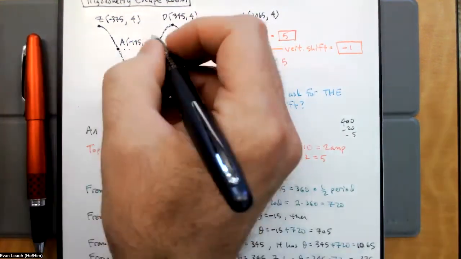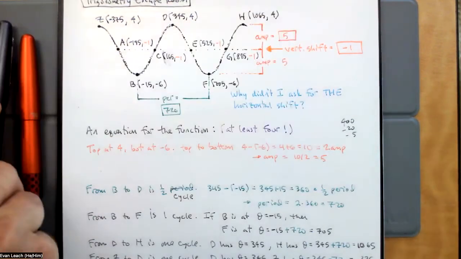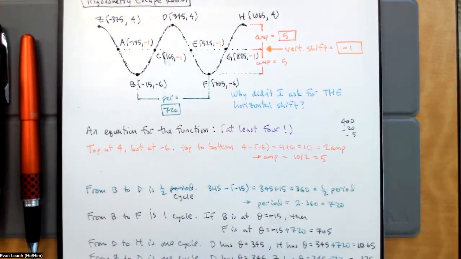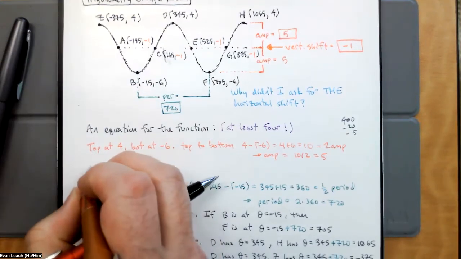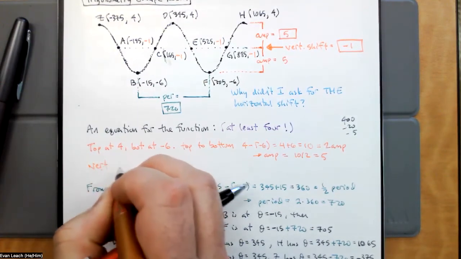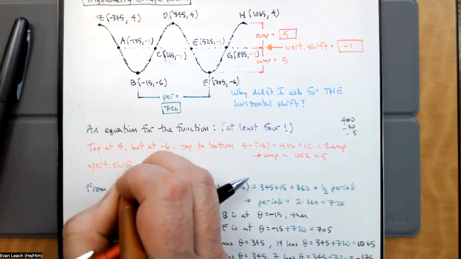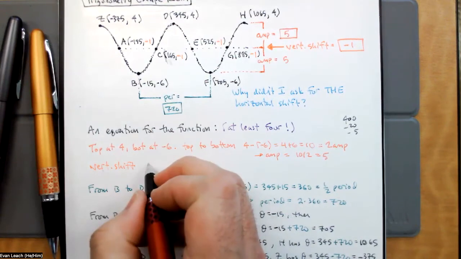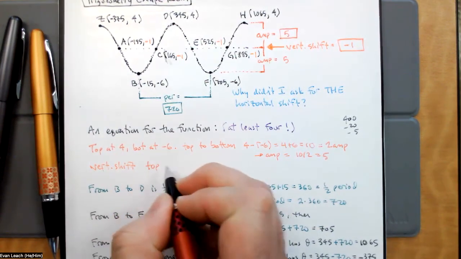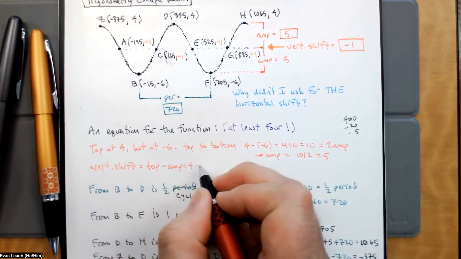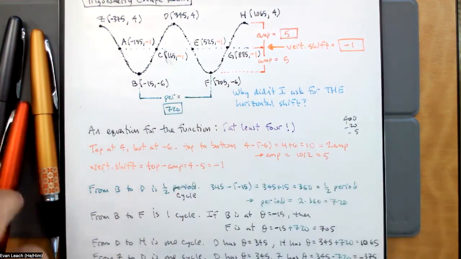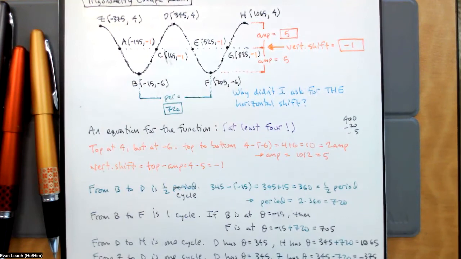They're all y coordinate -1. So the vertical shift would be the top minus the amplitude, or the bottom plus the amplitude.